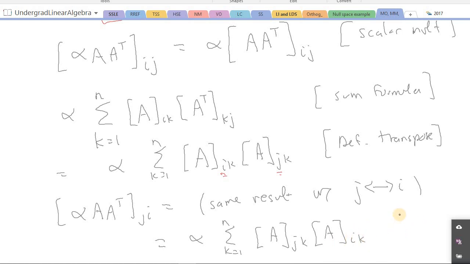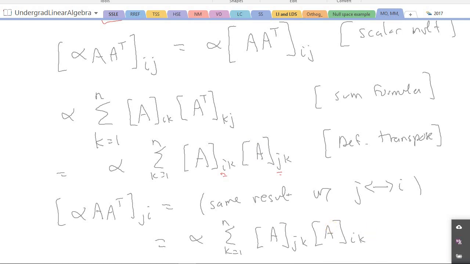Okay. All right, now, what's the comparison between this one and this one? Well, we know that matrices don't commute, but these aren't matrices. These are numbers. So in fact, A ik A jk is equal to A jk A ik.